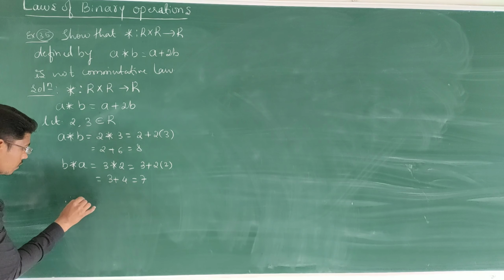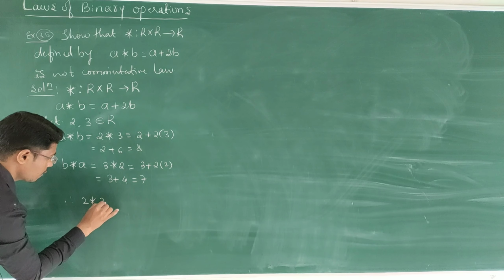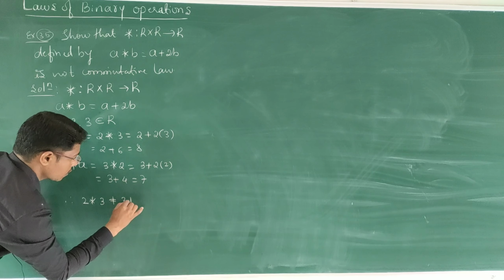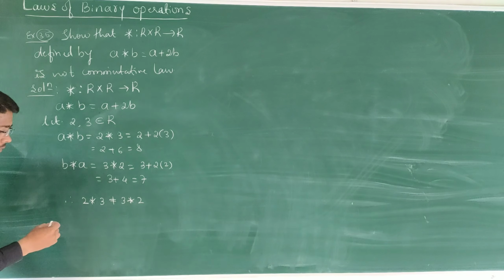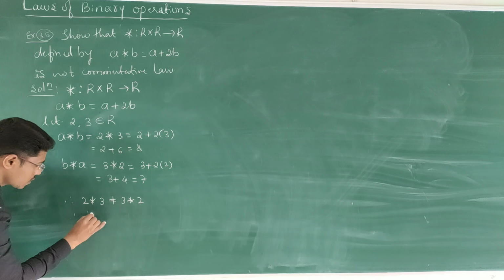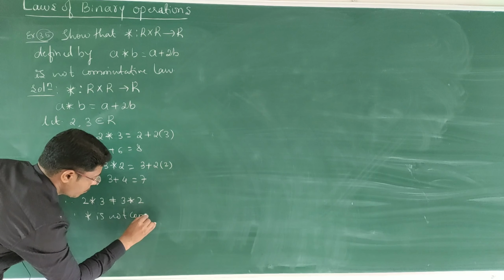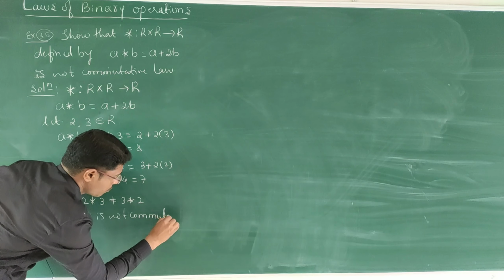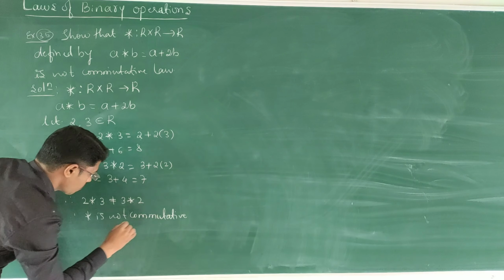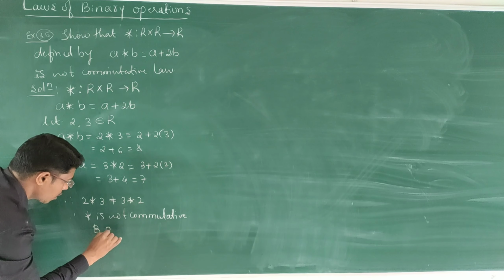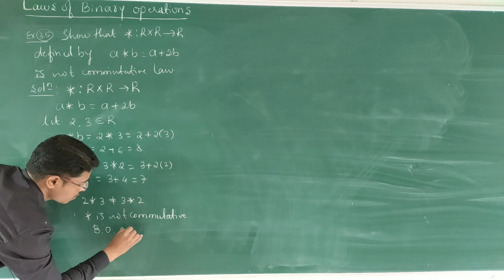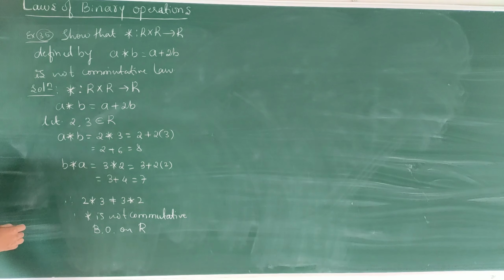Therefore 2 star 3 is not equal to 3 star 2. Therefore star is not a commutative binary operation on the set of real numbers.